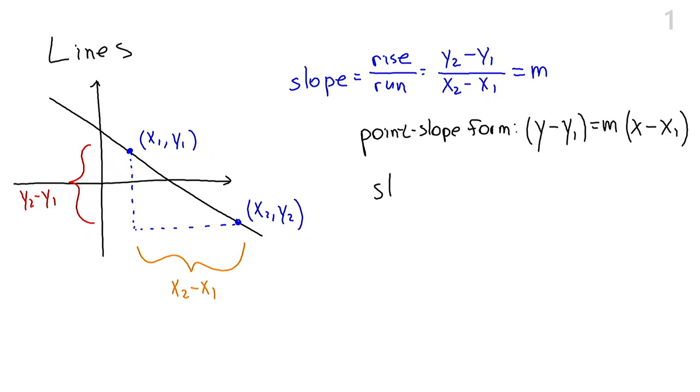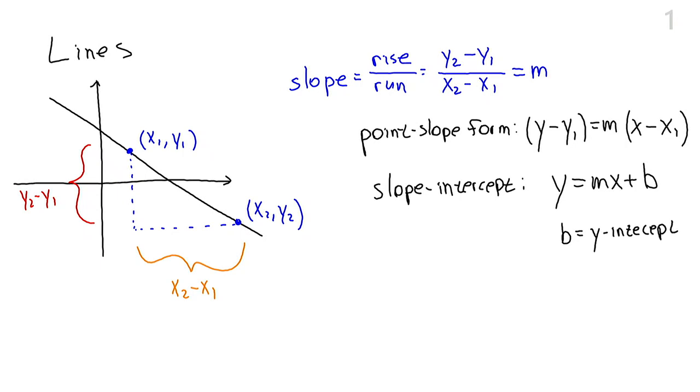The most convenient form is the slope-intercept form. It is very convenient for graphing. This is the y equals mx plus b form. Very often when you're asked to write down the equation of a line, it is the y equals mx plus b form that you're asked for, the slope-intercept form, where b is the y-intercept.